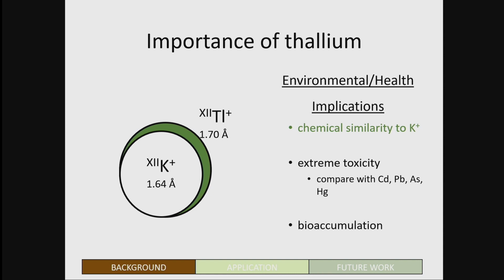Because of that, because so many biologic processes depend on potassium, if thallium is also available, it is impossible to pull up potassium without also pulling up some volume of thallium. And so we will see very, very easy substitution of thallium into biologic systems.